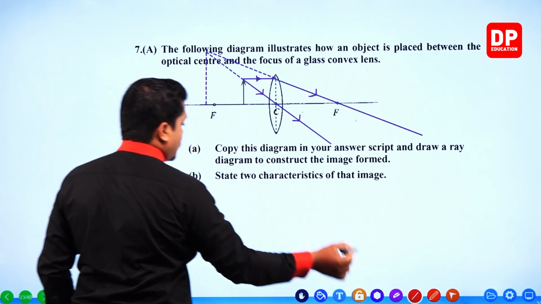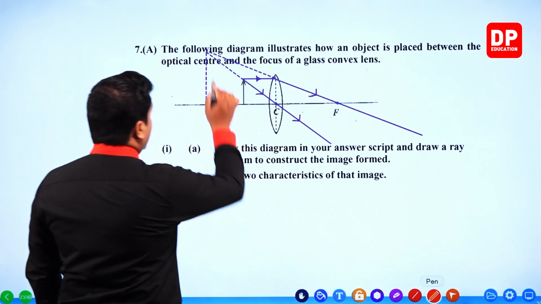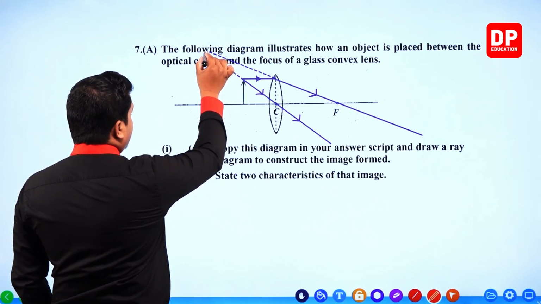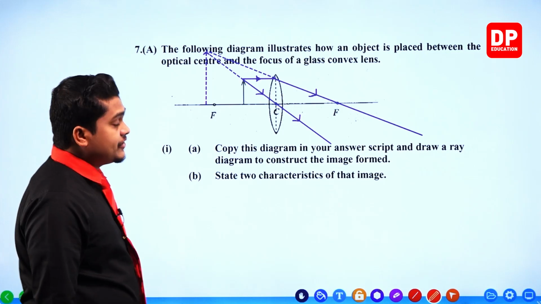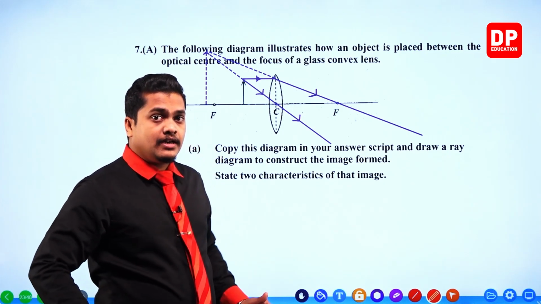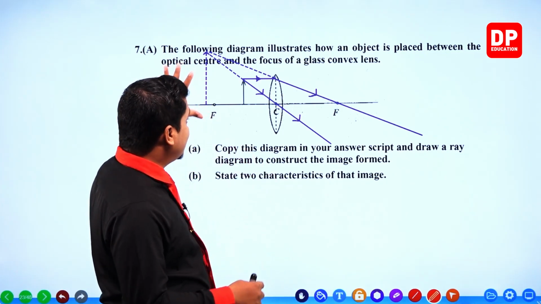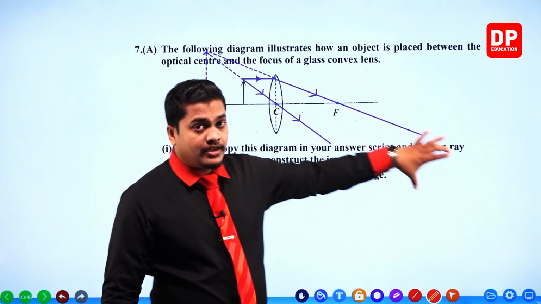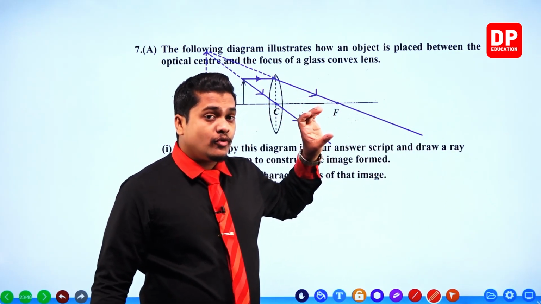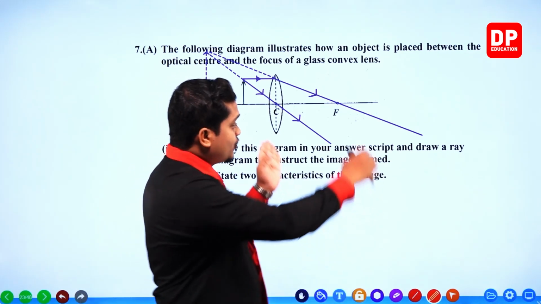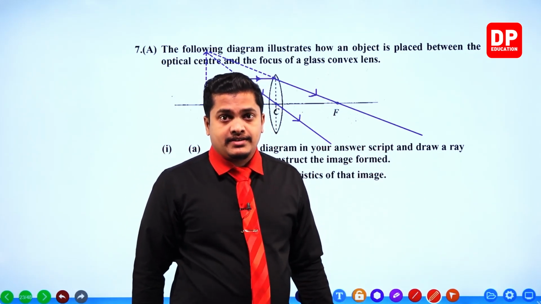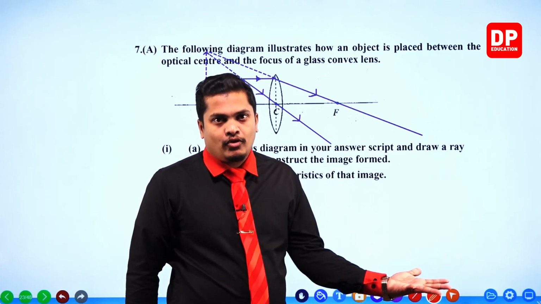When drawing the image also use broken lines, my dear children, because all the time when we are drawing a certain image, if the lines are being collected by our own like this, without joining the two light rays that are refracted away, if these two are not getting collected at a certain point, I mean, that's my whole idea.